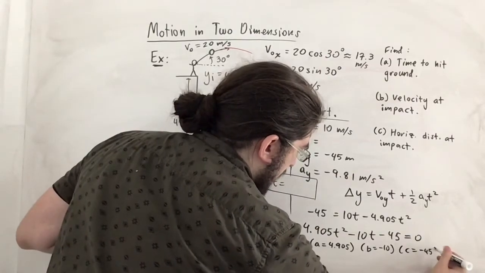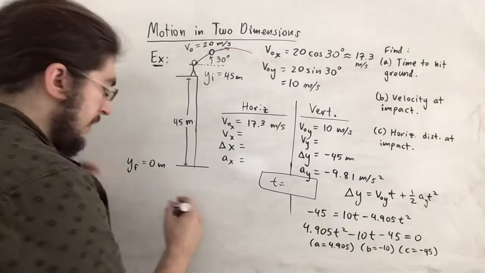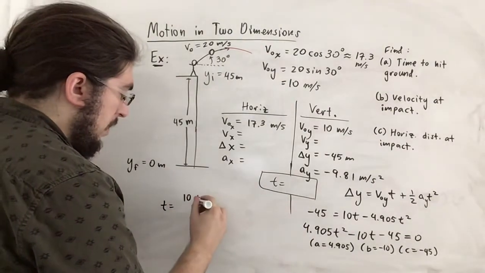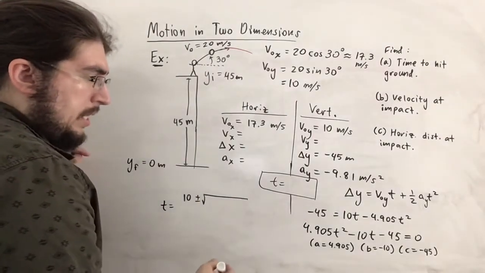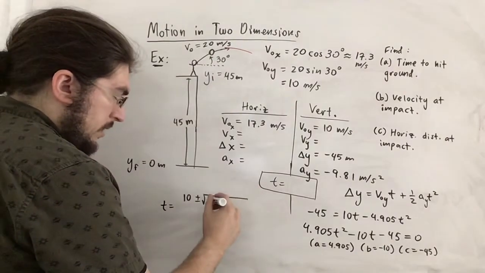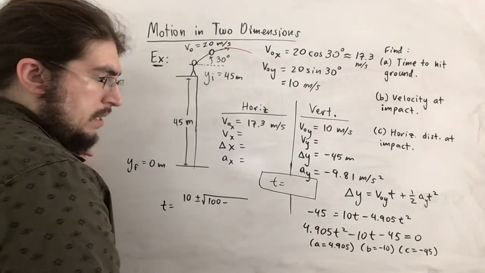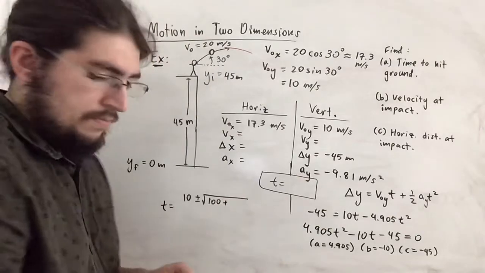And if you haven't figured it out already, yes, I'm using the quadratic formula. So that means t is going to be negative b, so positive 10, plus or minus the square root of b squared. Negative 10 squared is 100, minus 4ac, so 4 times this times that, that's going to be positive though.